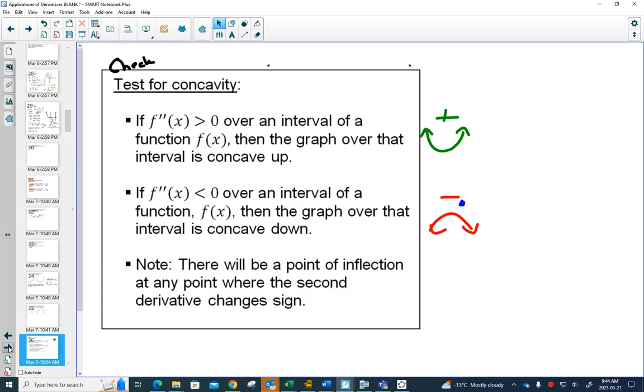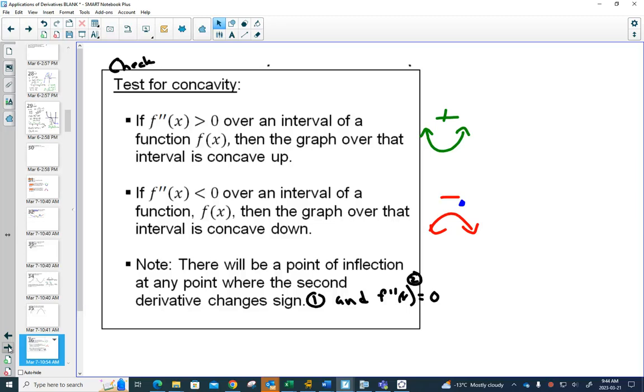So there will be a point of inflection at any point where the second derivative changes sign, and this is 1, second derivative changes sign, and 2, the second derivative is equal to 0. Because again, you could have a non-permissible value and not have an inflection point.